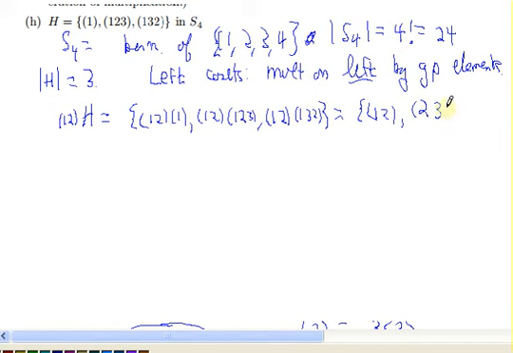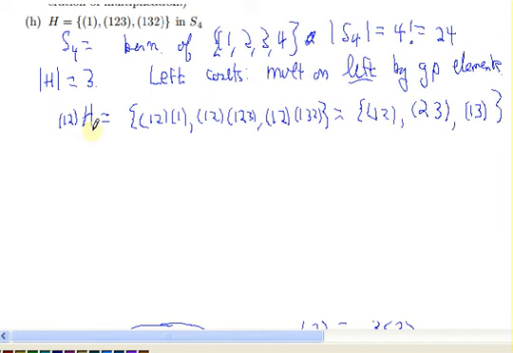So the second one is 2 3. How about this one here? I have 1 goes to 3, 3 goes to 2, 2 goes to 1. So the third is 1 3. Okay, so this is the result I get when I take the permutation 1 2 times the group H.